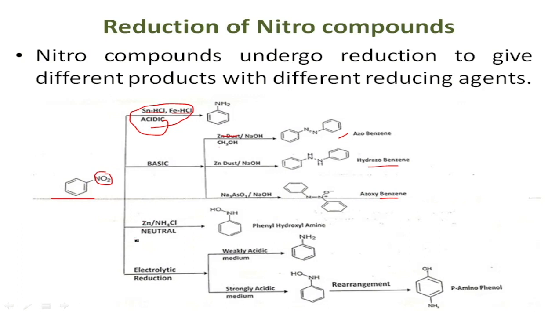Third type, neutral medium, zinc with ammonium chloride, you get phenyl hydroxylamine. Number 4, electrolytic reduction in weakly acidic medium gives aniline. In strongly acidic medium, hydroxylamine undergoes rearrangement and you get para amino phenol.